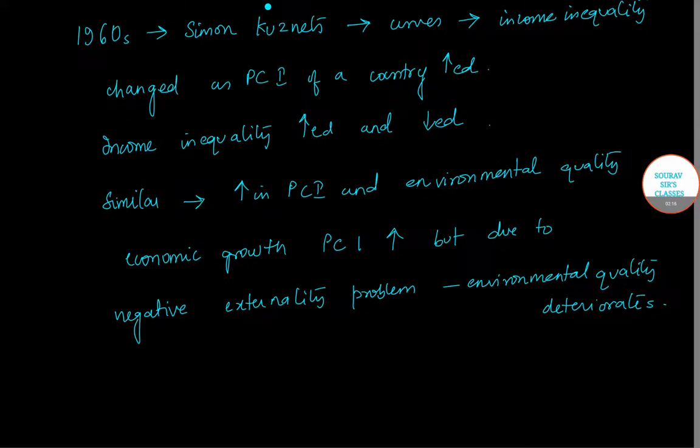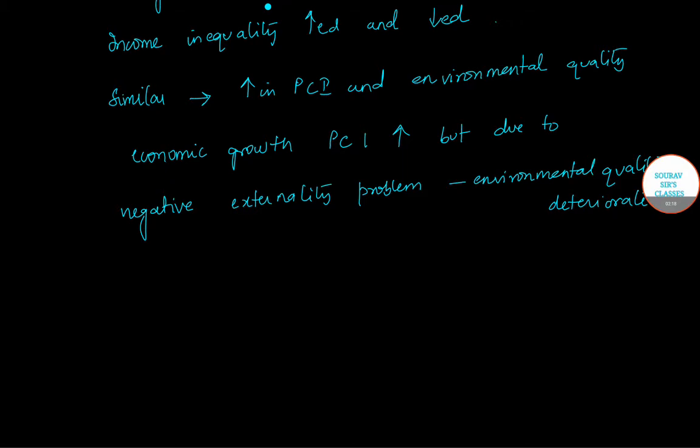Now the curve that shows how environmental quality or pollution changes with a country's per capita income is known as the environmental Kuznets curve, and throughout I'll be writing it in abbreviation, that is EKC.